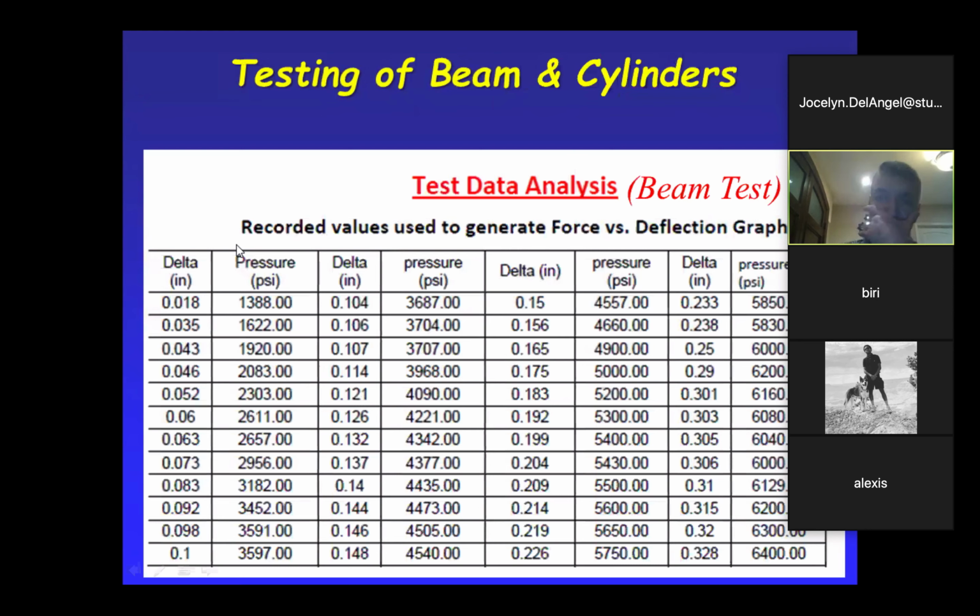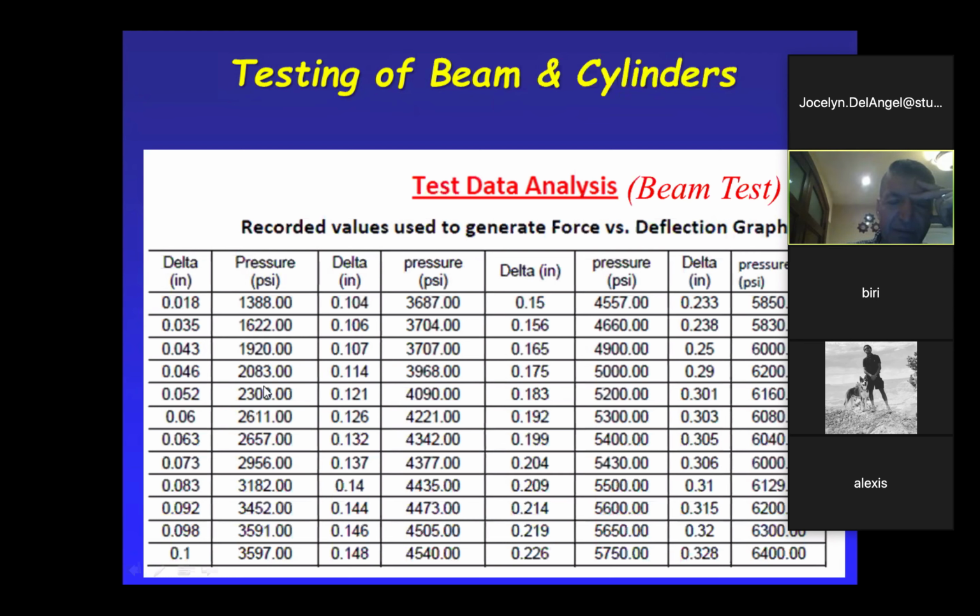Okay. This is actual data from one of the tests we did. So for your lab, I'm going to provide this for you. I'm going to provide maybe the delta and then the pressure as if you read, and then maybe ask you to calculate the force and then plot the graphs. Okay, so we'll do that. And look how many points we have.